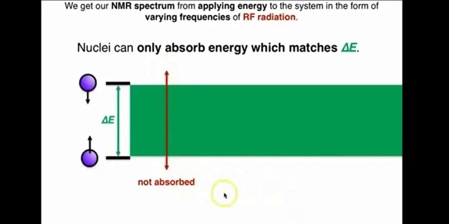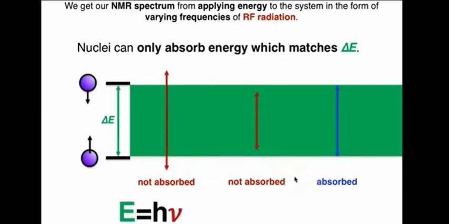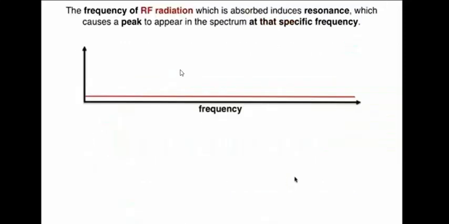If we give higher or lower RF radiation, there is no match. When delta E is equal to the RF radiation frequency, it is known as resonance. The particular frequency is used for resonance.